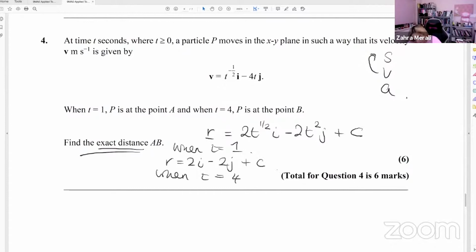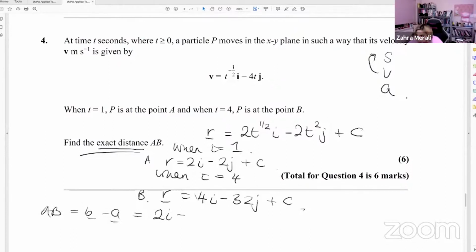When t equals 4, r equals 4 to the power of a half, which is 2 times 2. So that's going to be 4i minus 32j plus c. So therefore the distance is going to be them taking away from each other. That's your point A, that's your point B. So A to B is going to be B minus A, which is 4 minus 2, so 2i, minus 32 minus minus 2, which is going to give you minus 30j.